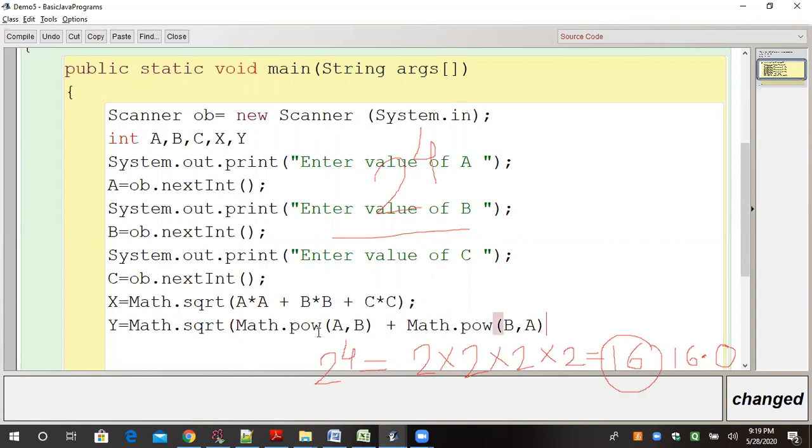This is the bracket of math.pow and one more bracket is there for the square. Understand? So now I want to print value of x.